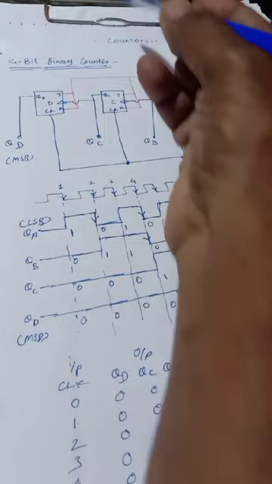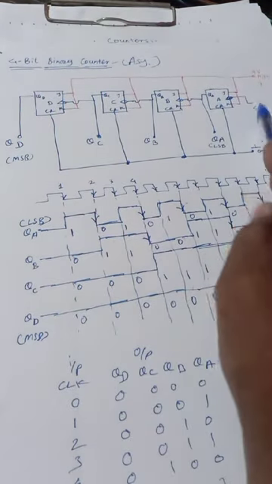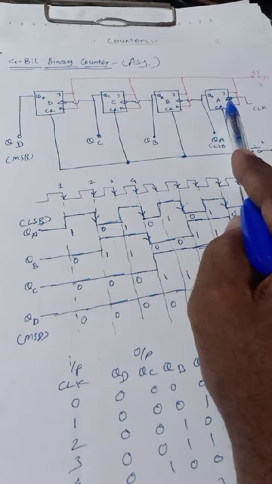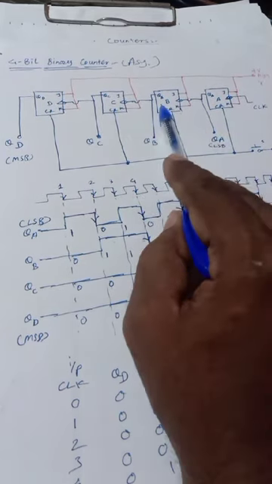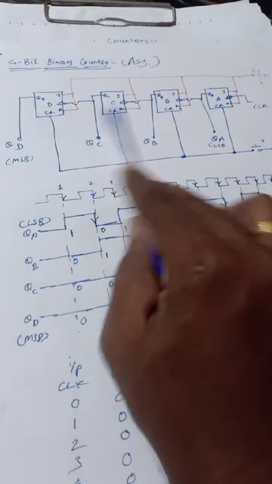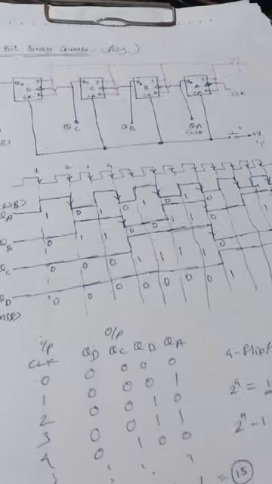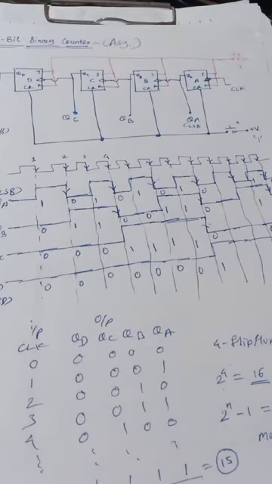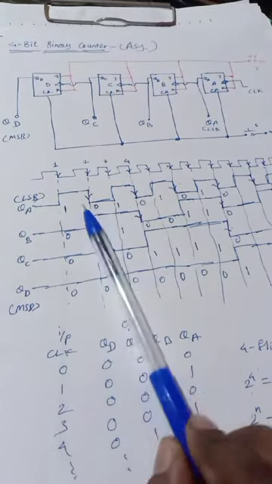Why is it asynchronous? Because the clock is applied to the first flip-flop input, and then its output is applied to the next flip-flop's clock. So this is asynchronous. Let us study this. It is very simple if your logic is clear, and it is very simple to explain also.